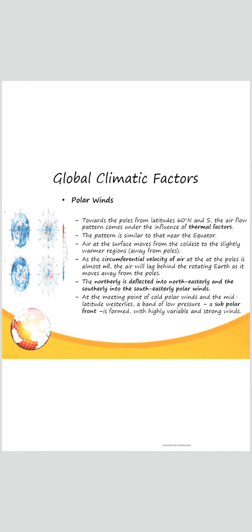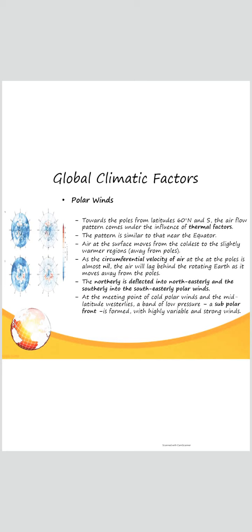elsewhere. Polar winds. Towards the pole from latitude 60° north and south, the air flow pattern comes under the influence of thermal factors. The pattern is similar to that of the equator. Air at the surface moves from the coldest to the slightly warmer regions.